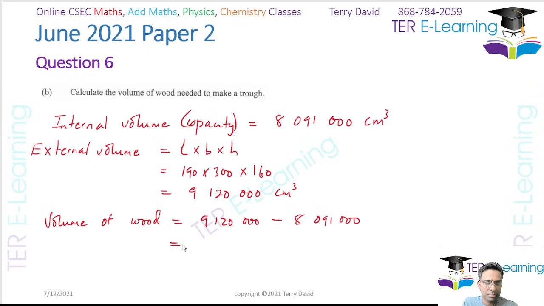And what I'm going to get for my volume in this case here is 1029,123 cm3. So that's the volume of wood that I actually require. So what I did, I took the external dimensions and I worked out the volume, and then I subtracted the internal volume that we got before, right?